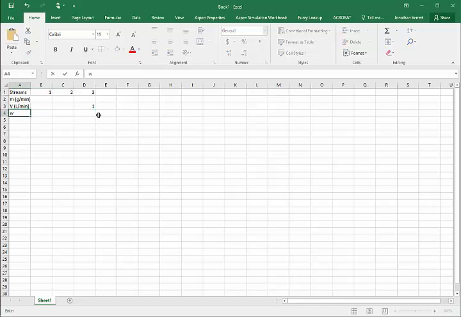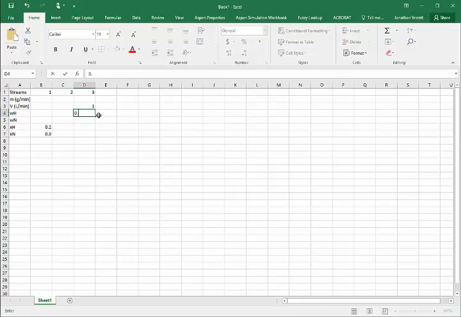Now, I want to know the weight fractions of hexane and nitrogen in each of these streams. For some of these streams, I know the mole fractions of hexane and nitrogen. For stream 1, I know the mole fraction of hexane is 0.2, and then for nitrogen it's going to be 1 minus that 0.2, or 0.8.